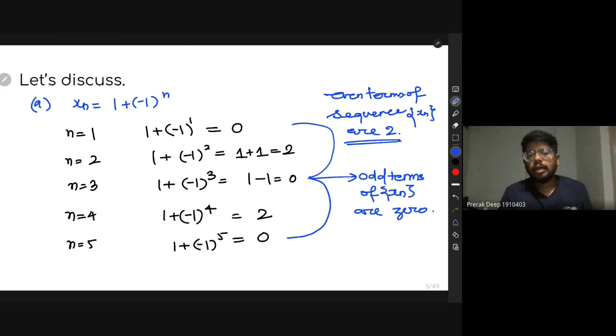This is just an observation that we can deduce from understanding these first five terms of the sequence.